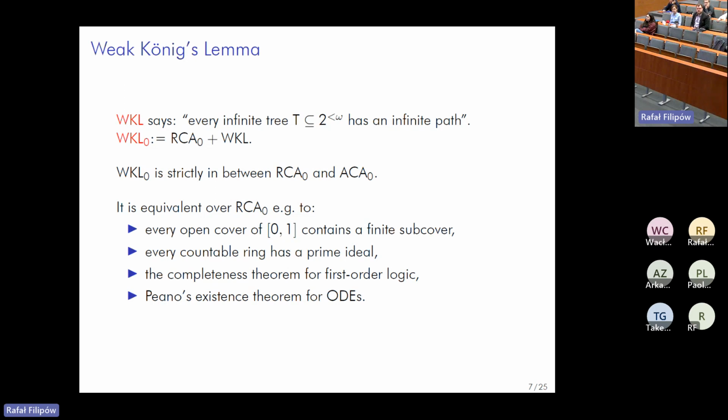That is, every infinite tree that consists of finite 0-1 strings, that's how you guarantee its finite branching, has to have an infinite path. That's what weak König's lemma says. It's stronger than RC0.